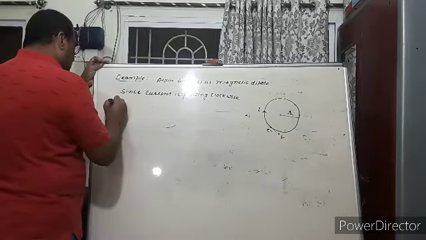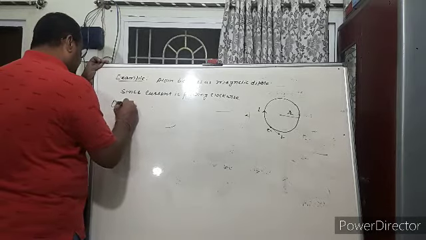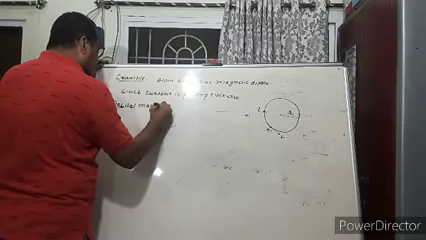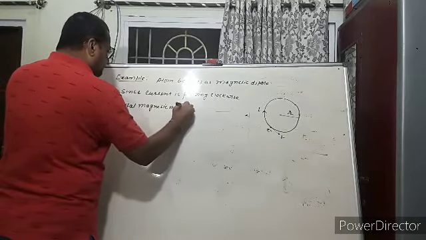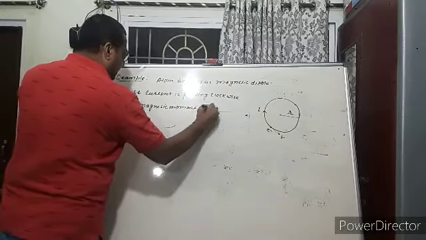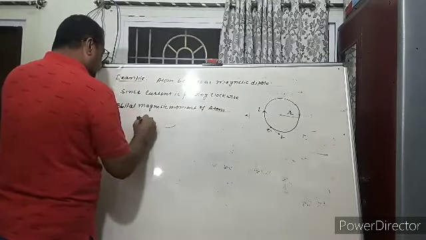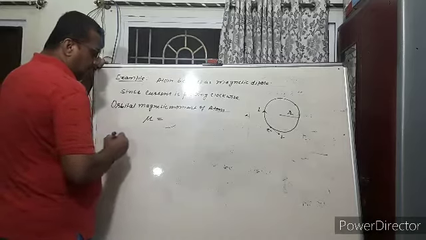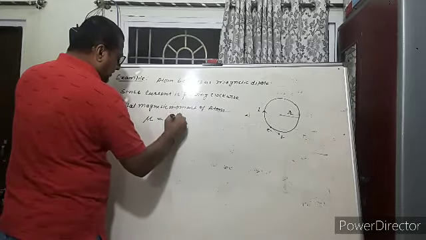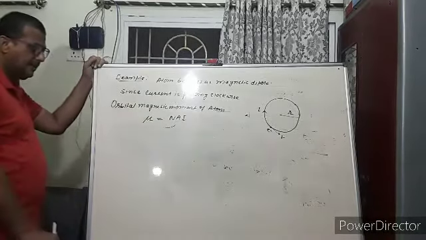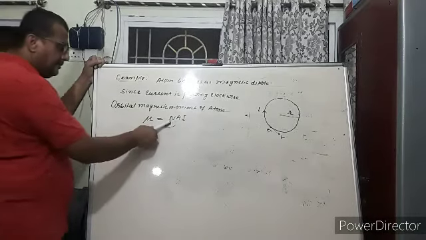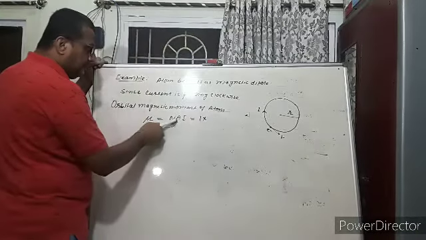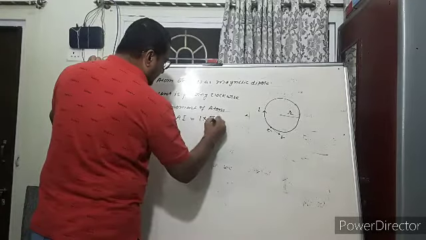So the orbital magnetic moment of the atom, suppose that this is mu, then NAI. N means the number of loops, which is 1. A is the area, pi r square.